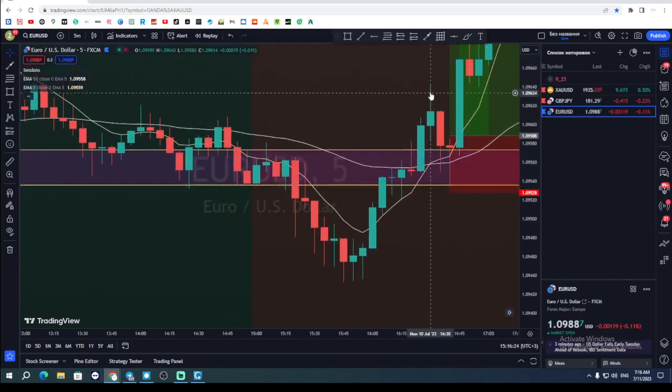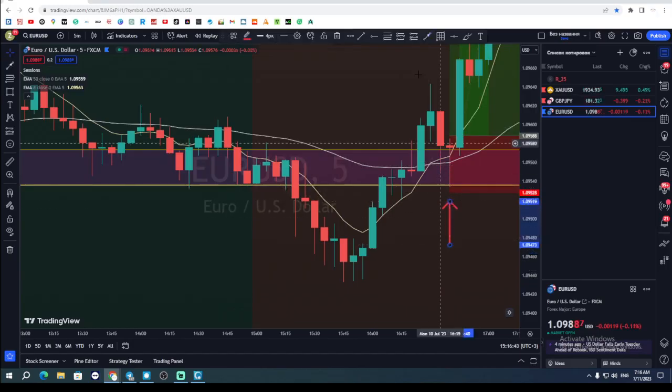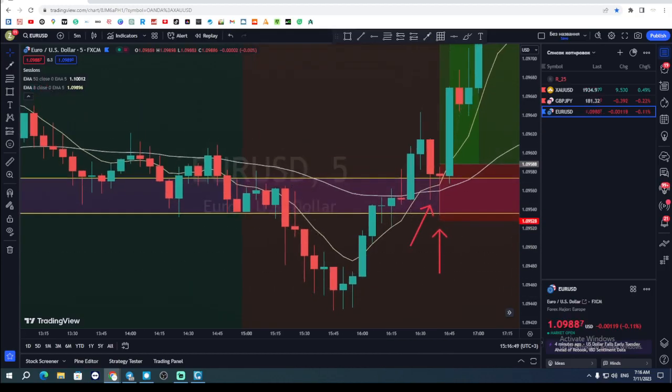So it broke up above this zone, yeah. Came back to retest, and look how perfectly everything lined up. You had the crossover, you had the retest of this zone, and plus it was in the zone, and even both moving averages were on the zone. Beautiful pin bar, as you can see, beautiful pin bar, beautiful retracement with the rejection, yeah.